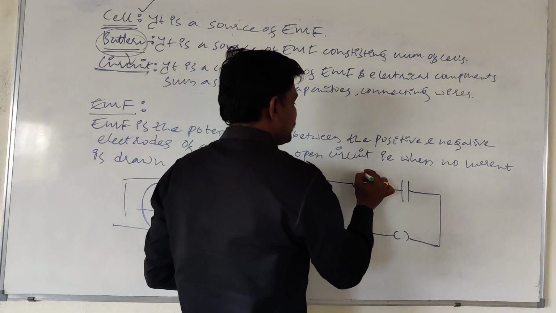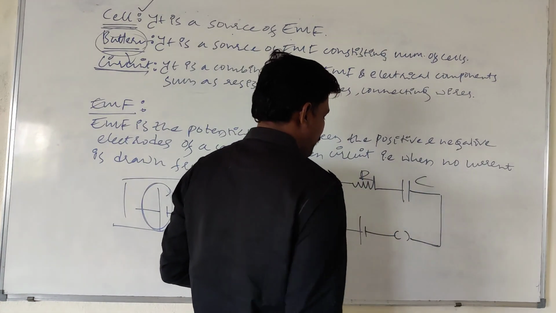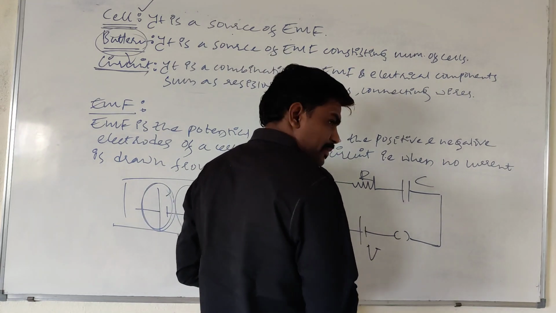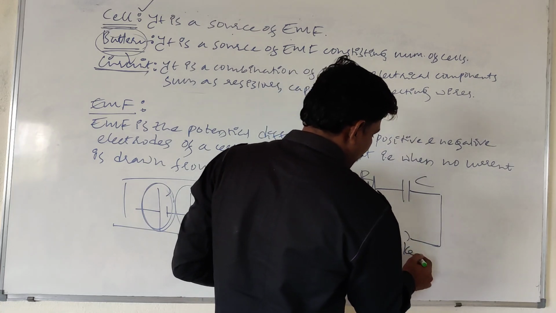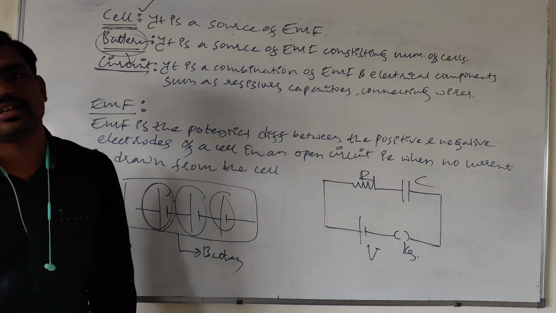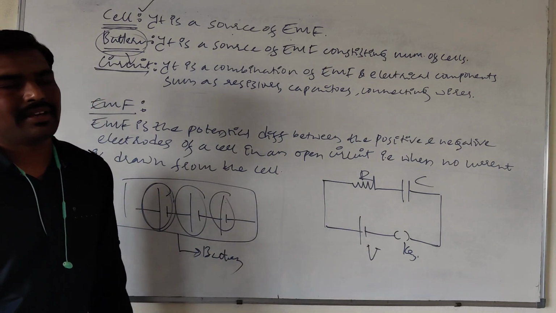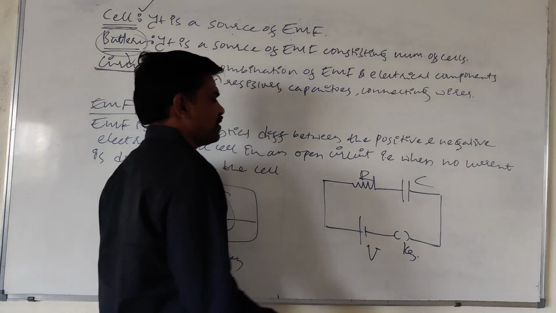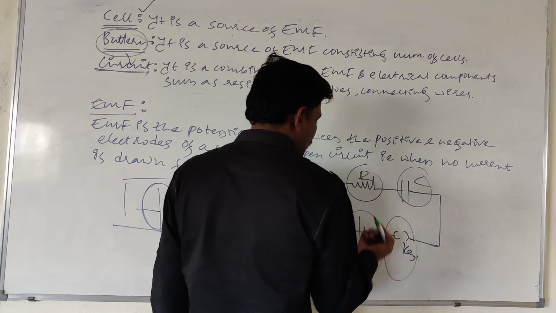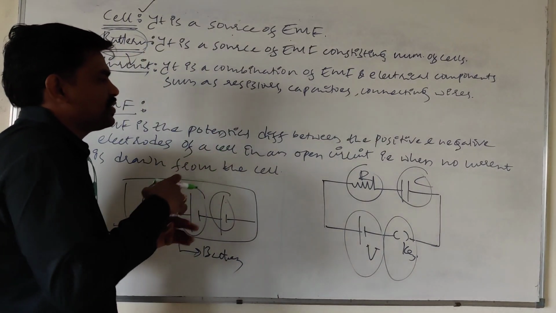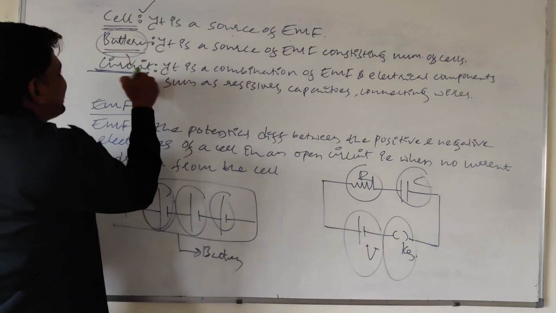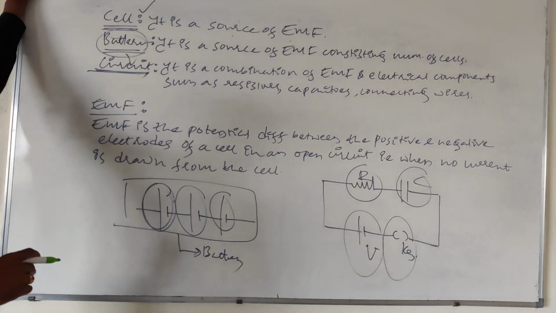See, this here is a resistor, this is a capacitor, this is the potential difference, or EMF. So this is the key. The key is a very important part of our circuit. So here, a combination of resistors, capacitors, and voltages, right? All the combination of the components is called a circuit.